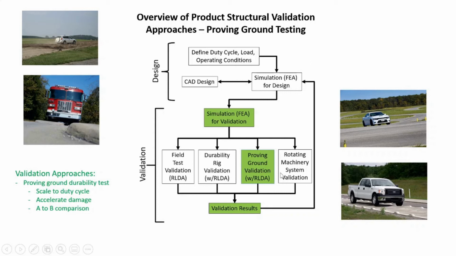Proving ground validation testing involves driving an instrumented vehicle over a proving ground durability course or particular staged events. Sometimes the proving ground validation testing actually becomes a hybrid involving either durability rig or field validation tests, in the sense that the field validation tests might be used to scale the durability course that the vehicle has been driven over, in trying to equate that durability course to so many miles of a particular duty cycle that was measured with a field test.